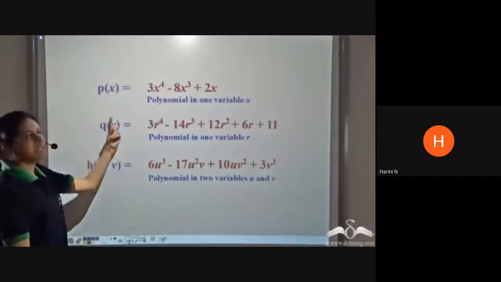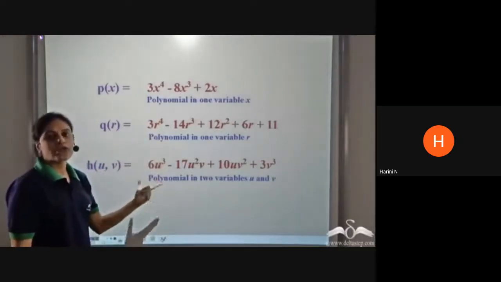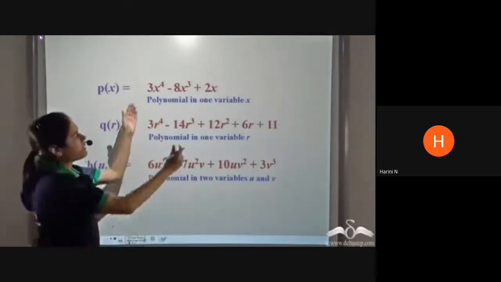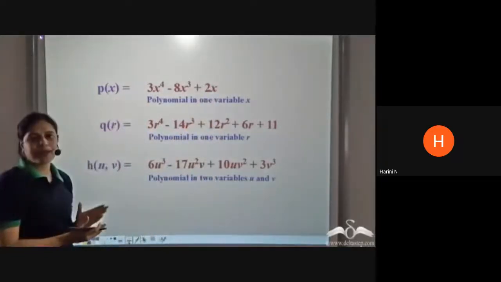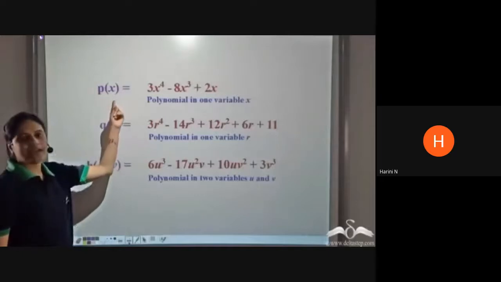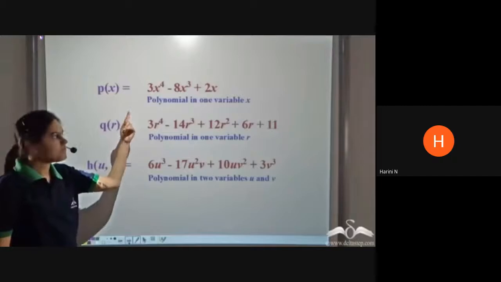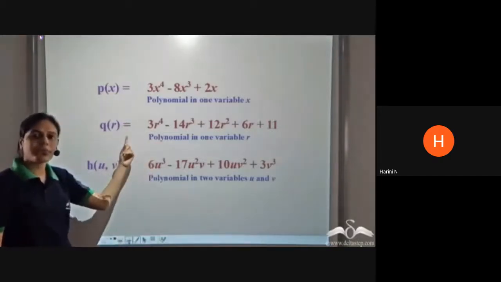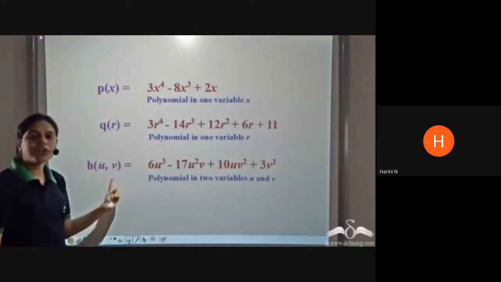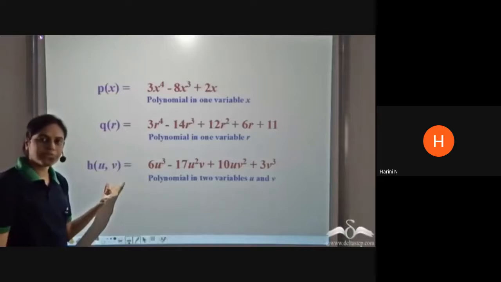So these three are the notations for these three polynomials. While solving problems, in place of writing this entire polynomial, you can write p(x), where p(x) stands for this polynomial in one variable x. q(r) stands for this polynomial in one variable r. h(u,v) is this polynomial in two variables u and v.